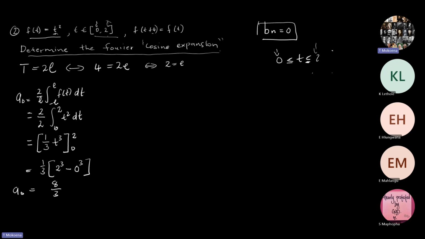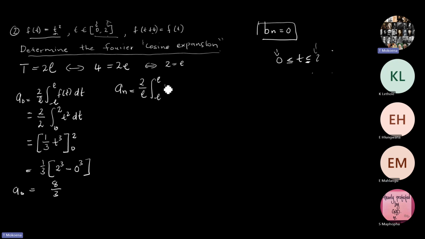Now, we need to determine A sub n. So A sub n is going to be equal to 2 over L. It's a half range. Don't forget to divide by L. You see, guys, I'm emphasizing that part, because I used to make mistakes there, so I don't want you to be that person as well. Let's write the equation if we want to remember it.